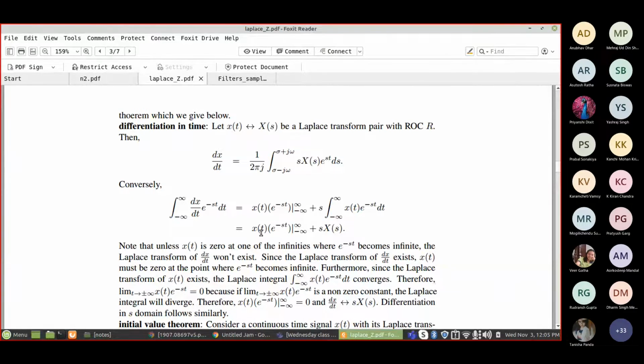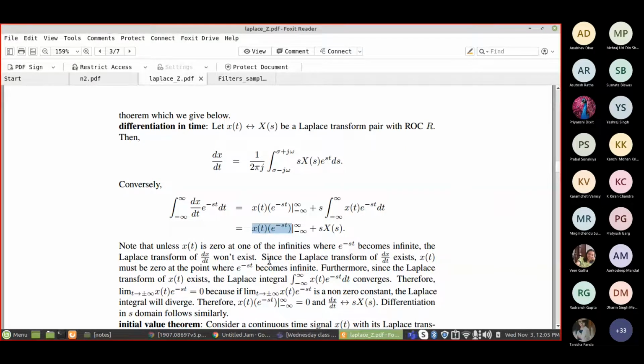Then there was a question: even so, why should the product be 0? Why can it not be some constant? Because we have 0 times infinity, that could be anything in general. So we want to say that it cannot be a non-zero constant.